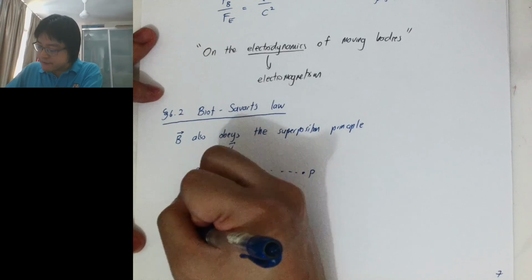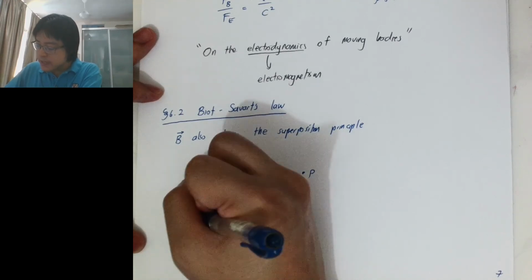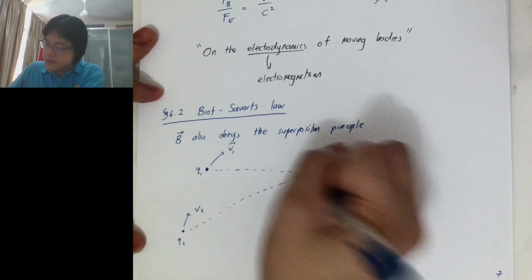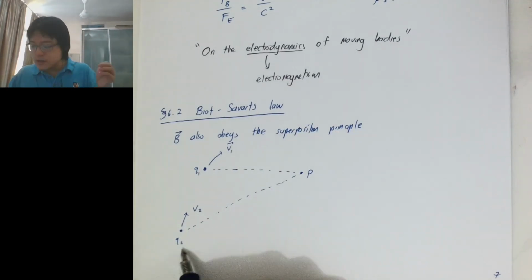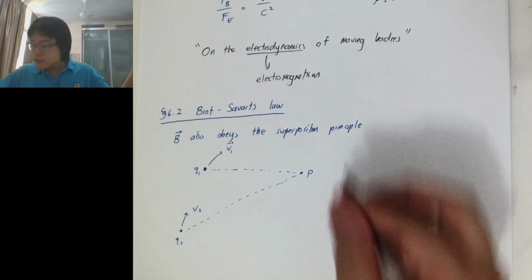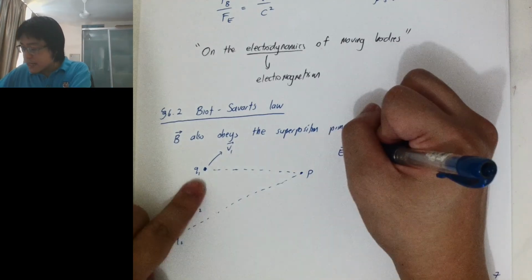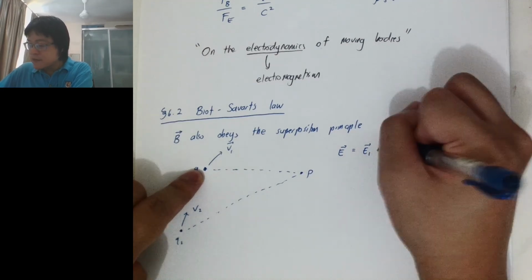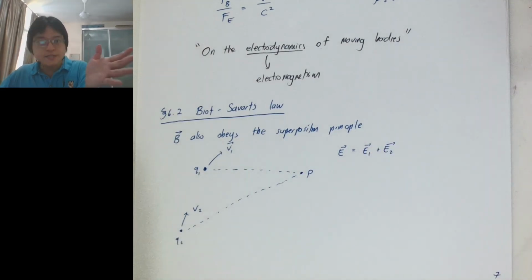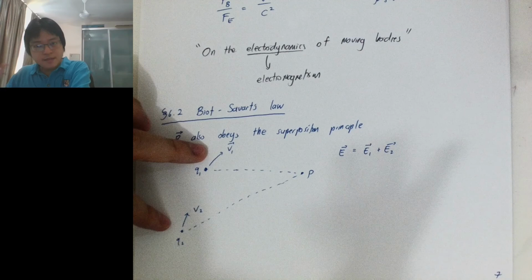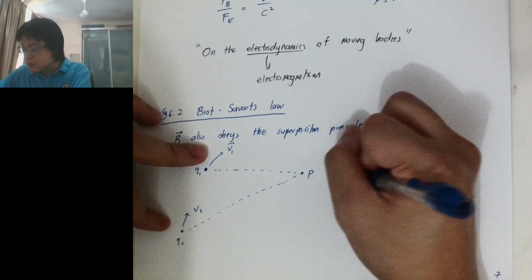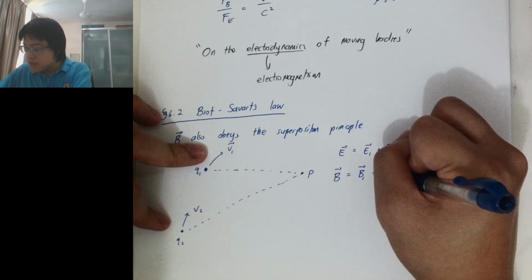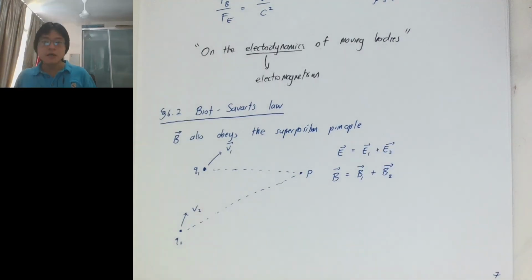If I have another charge moving at another velocity, the distance is a bit different now, the direction is also a bit different, so it's going to create another magnetic field, right? The electric field is the electric field created by charge 1 plus the electric field created by charge 2. We know this already, but it turns out the same thing is true for the magnetic field as well. So the magnetic field is the field because of charge 1 plus the field because of charge 2.